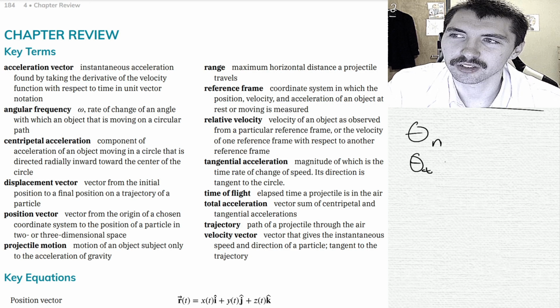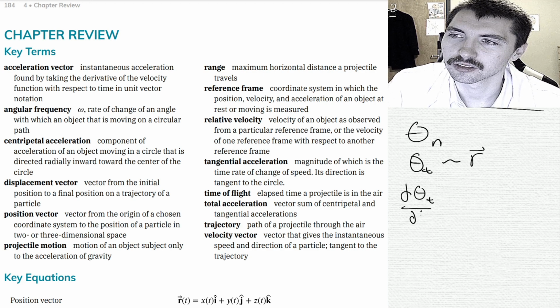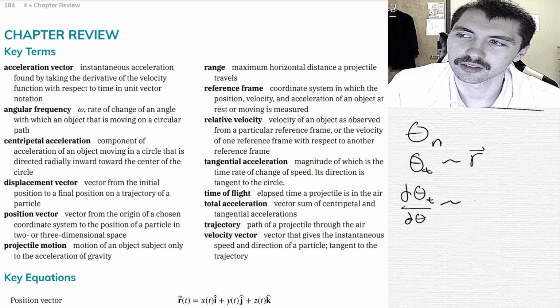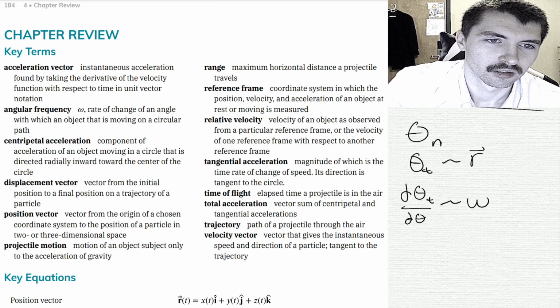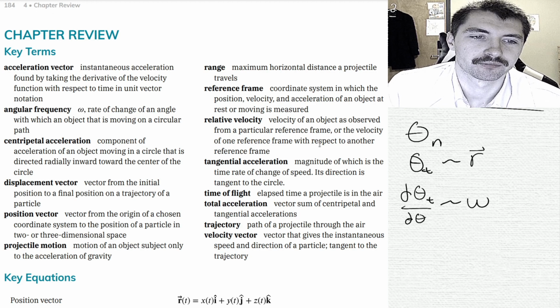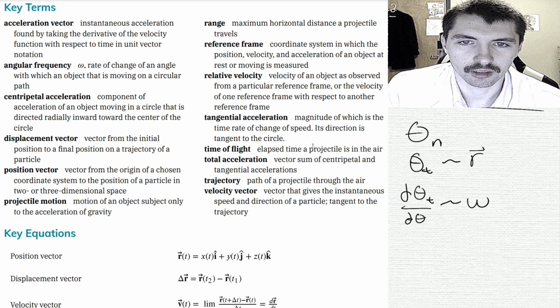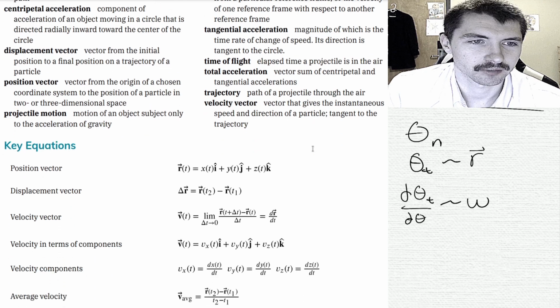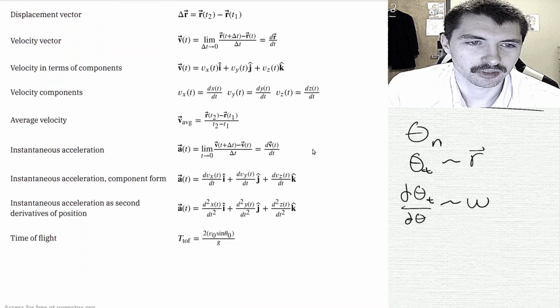If this is analogous to a position vector, then d theta over dt is kind of like saying that's omega. What else do I want to say here?